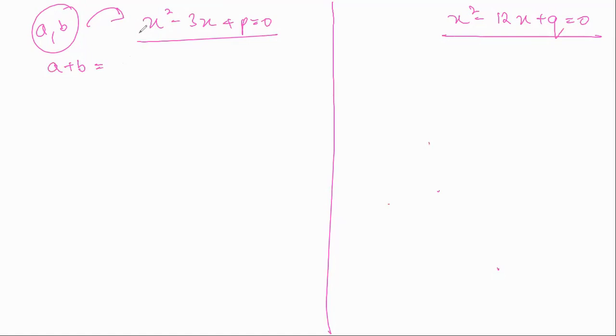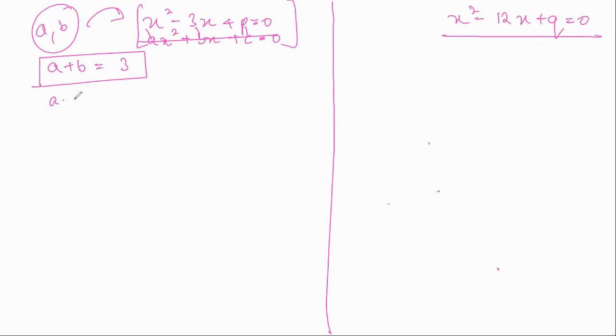Here a and b are used as alphabets for the roots, but we have a general quadratic equation, which is ax² + bx + c = 0. If I compare this, what is a? a is 1, b is -3, and c is p. So the sum of the roots formula is -b/a, so -(-3) over 1, which is positive. So a + b = 3.